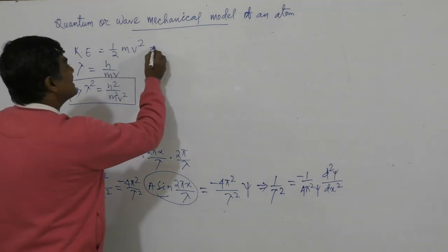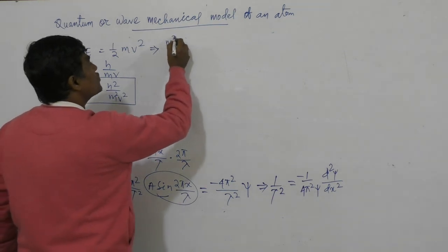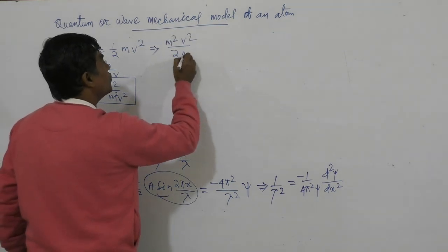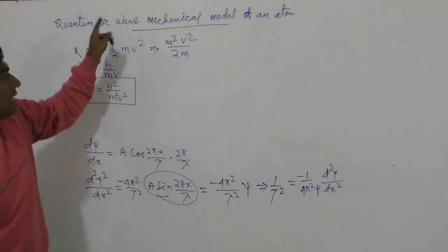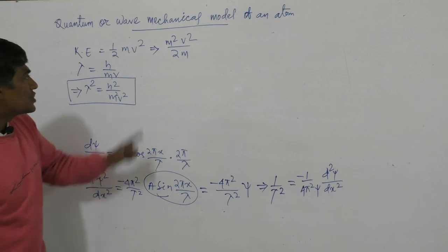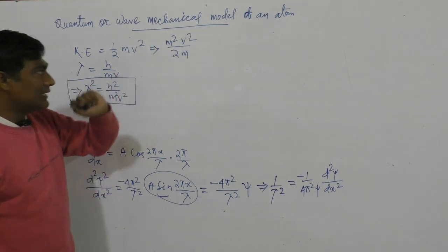Now this can be written as, you see, m square v square by 2m, right? That means I have multiplied by m and divided by m. So m square v square by 2m.